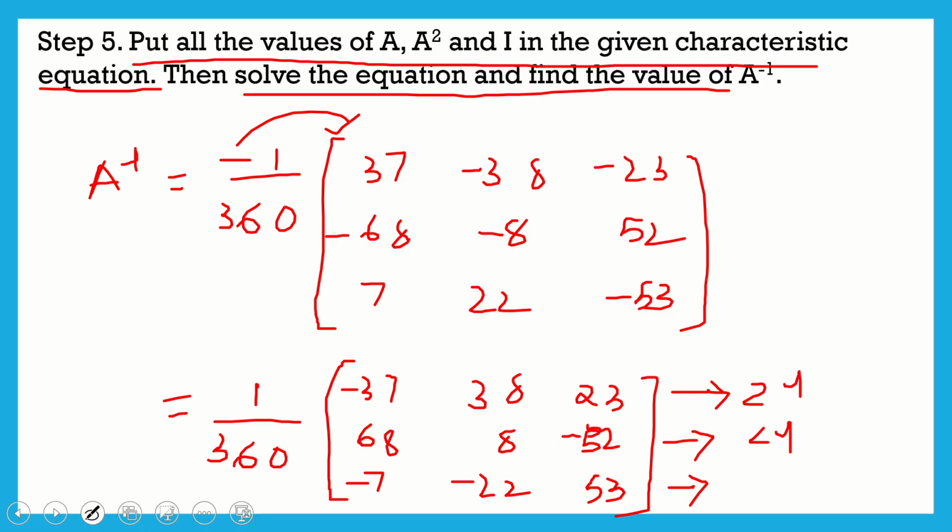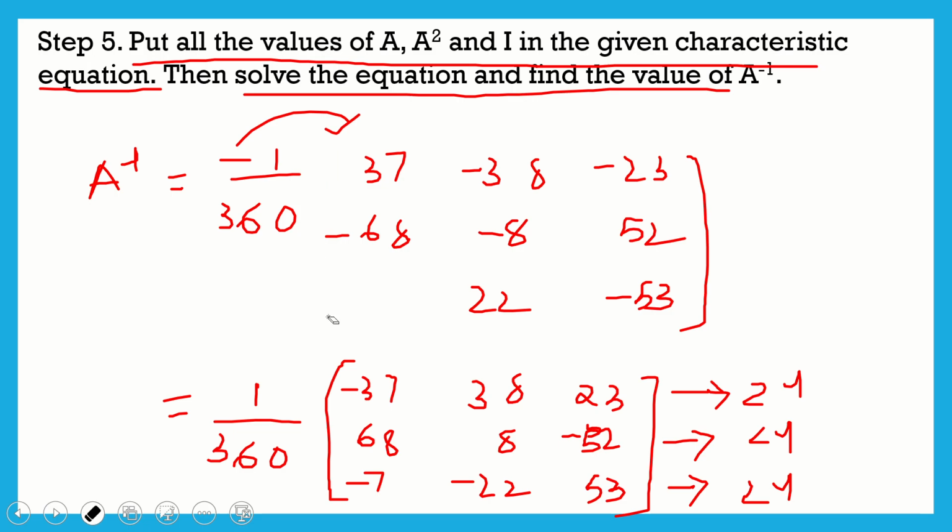And the third row, minus 7 minus 22 is minus 29, plus 53, it is also 24. Actually the answer has to come minus 24, but we have sent this minus sign into the matrix, and that's why we are getting the positive 24.